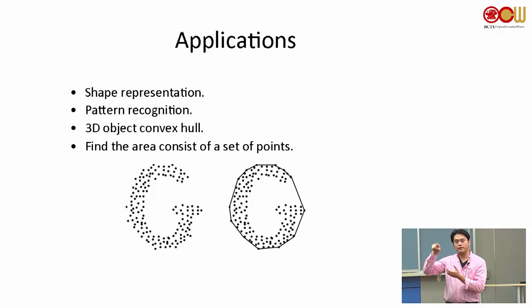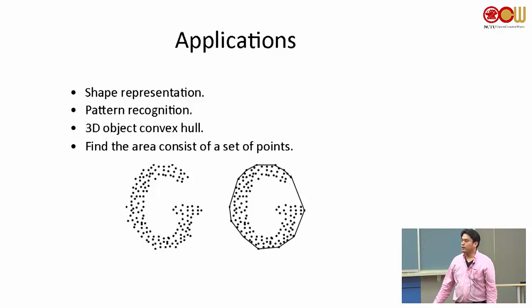For example, in a B, you will see there are two, maybe more than two concave parts in this region. But for an O, there will be only one concave part.